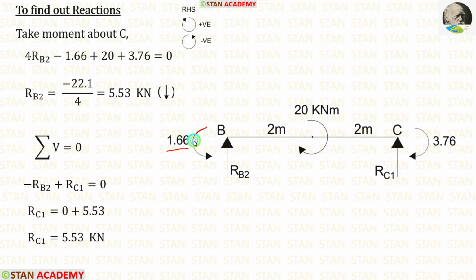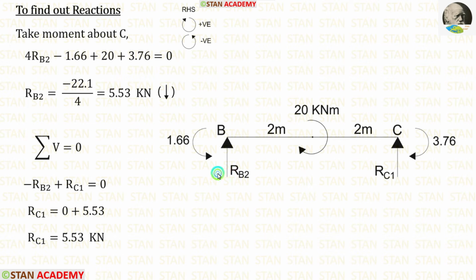1.66 moment is acting in the anti-clockwise direction, so it will be negative. The moments 20 and 3.76 are acting in the clockwise direction, so both of them are positive. Finally, we are getting RB2 5.53 kN. For RB2, we got a negative value.